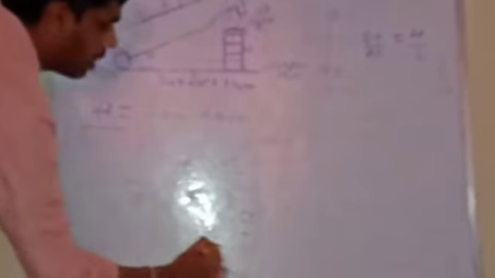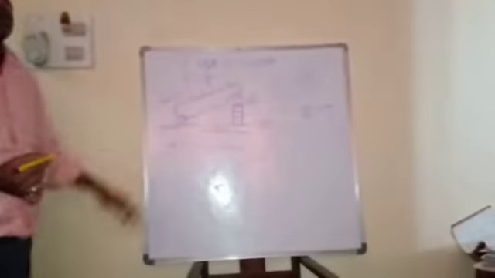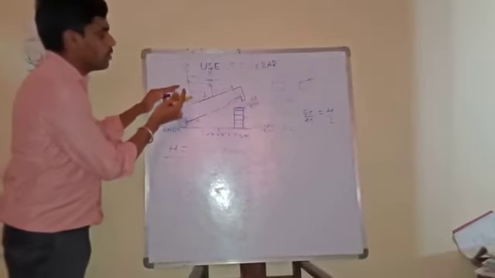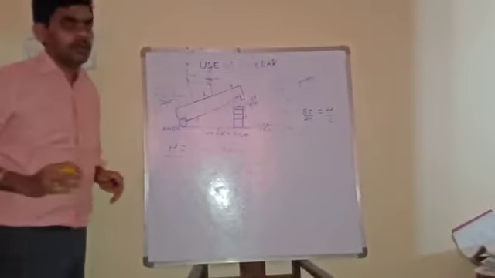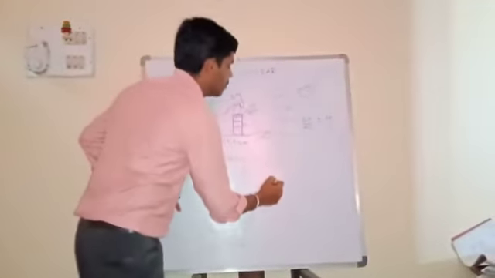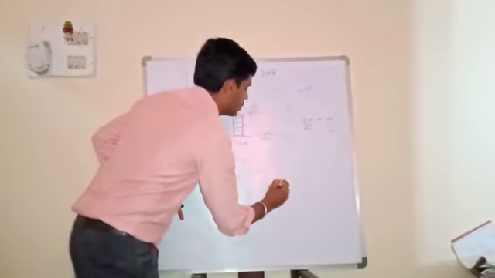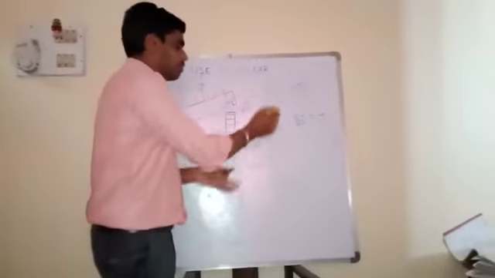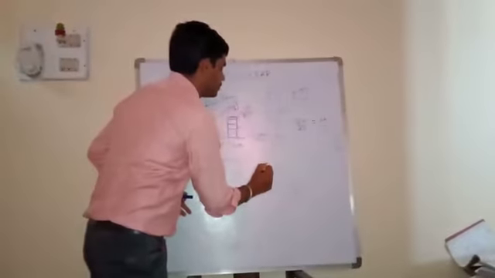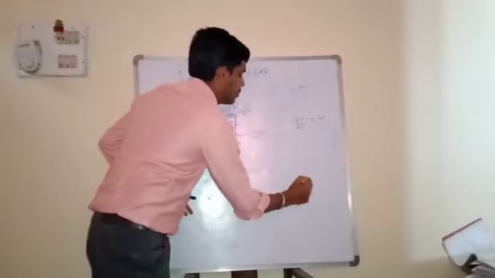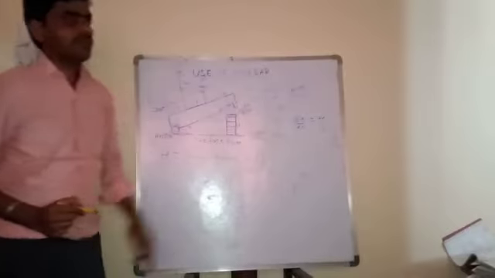The application of the sine bar depends on the type of the workpiece. If the workpiece is a small component, we simply place the workpiece above the sine bar. If the workpiece is heavy, we place the workpiece on the surface plate, and the sine bar itself is located over that workpiece.